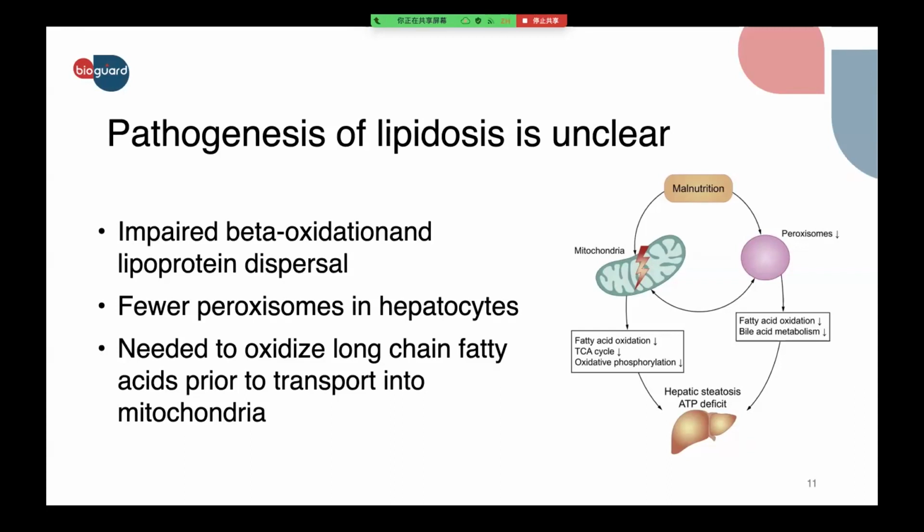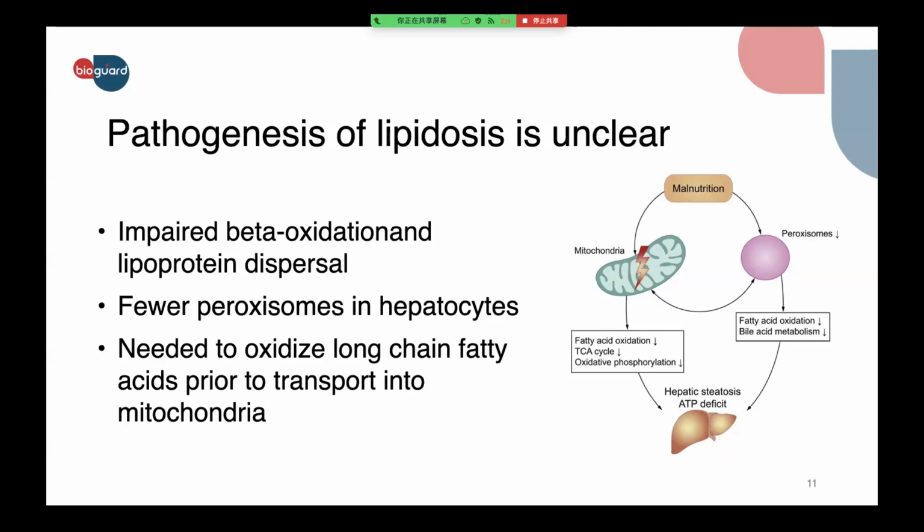Because once they are starving, the body needs energy, mainly from fat tissue. The body metabolizes fat tissue, and uses the liver to metabolize this fat to make energy.